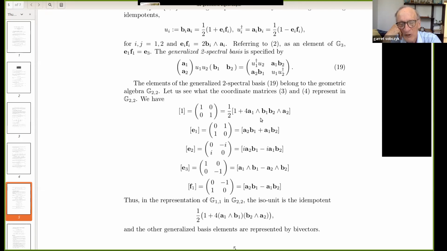So the 2x2 complex matrices correspond to an element in the geometric algebra G22. Rather than reinterpreting in the standard isogeometric algebra of Dr. Santilli, you're giving a different complex matrix representation of the isogeometric Pauli matrices, the iso Pauli matrices.